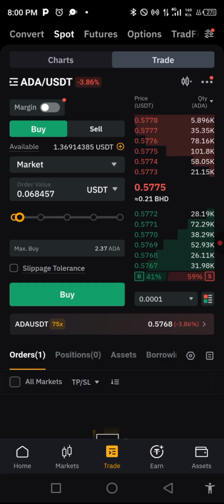But under futures, you are trading the market movements, right? You are not actually buying the asset itself. So that is the two differences about these two modes of trading, right? So I want to believe that is actually very clear.